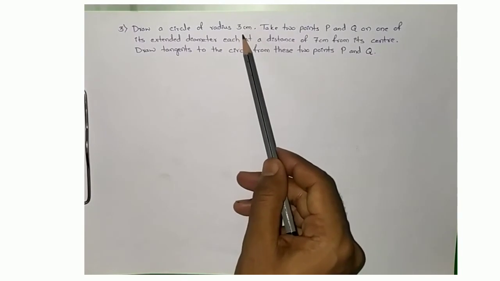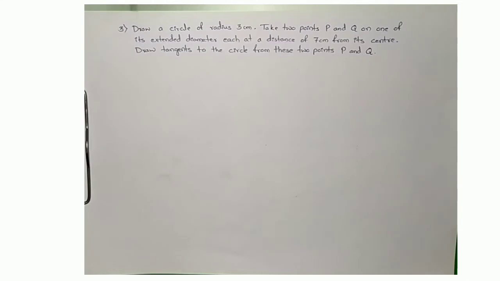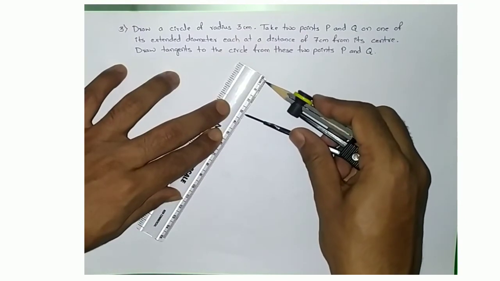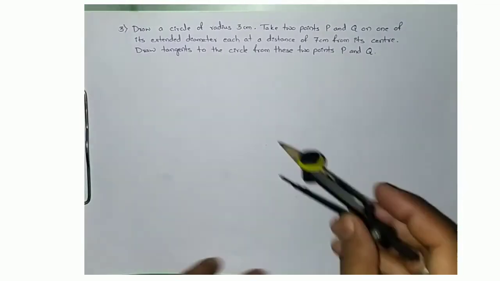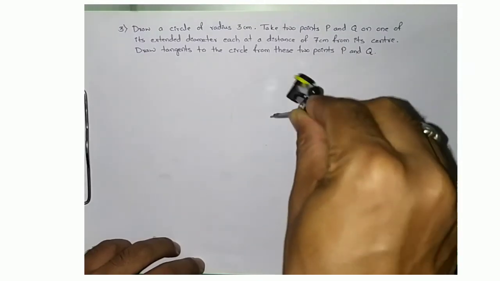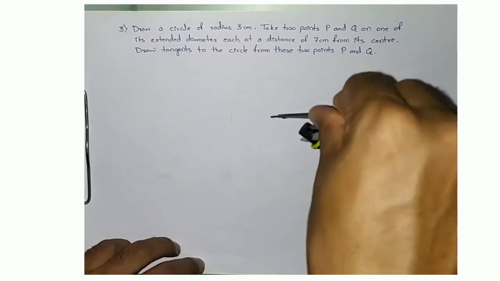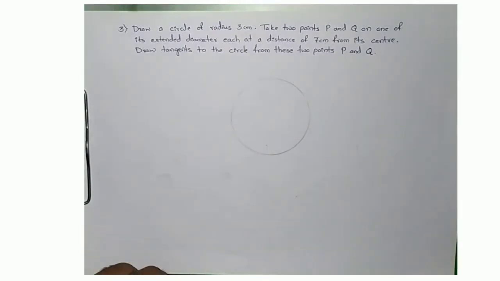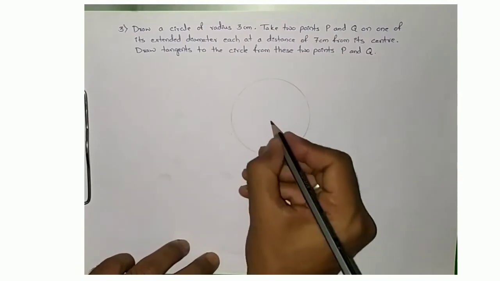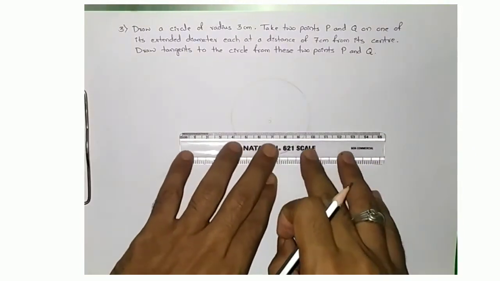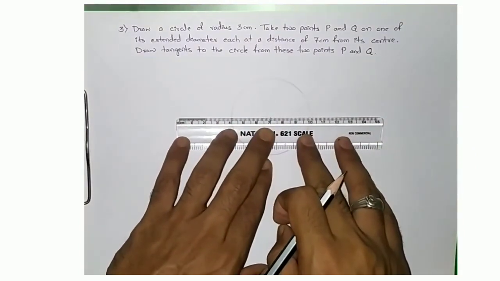For this what we have to do? First draw the 3 centimeter circle. Now we got the 3 centimeter circle, just name the center O. From that center, on left and right take a 7 centimeter line, which is the extended diameter of this circle.